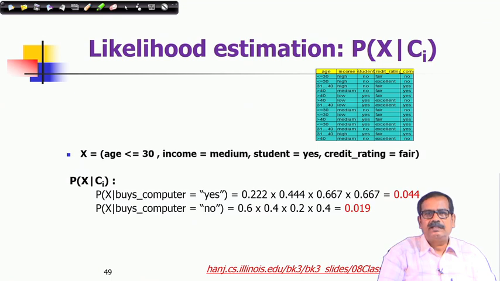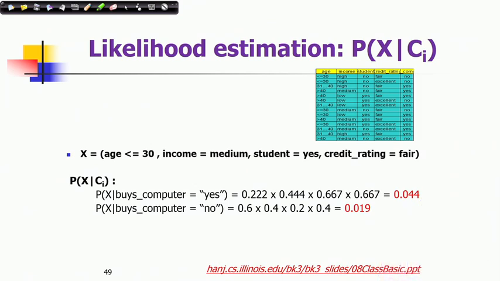We find the value is 0.044 when the class is yes, that is buying a computer, and 0.019 when the class is no.